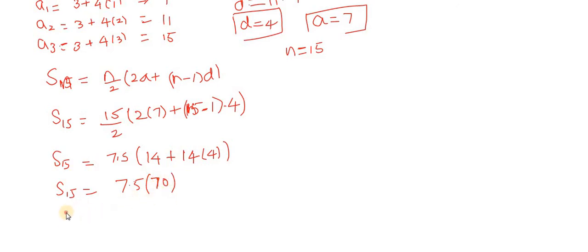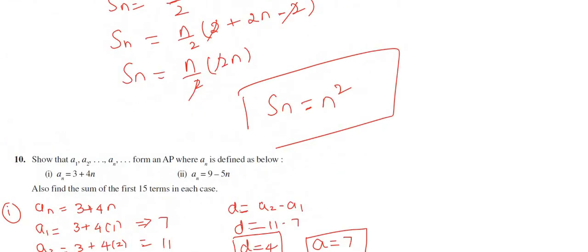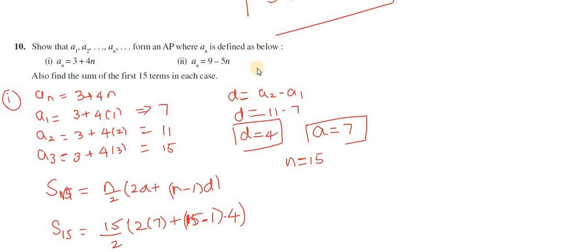When you multiply this, S15 is equals to 7.5 times 70, which is equals to 525. 525 is the S15 value for the first one. Similarly you should do for the second one. Do this in the homework book. Okay, we'll go for next problem.